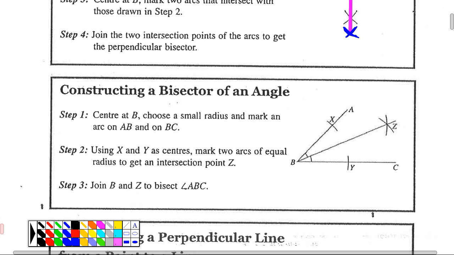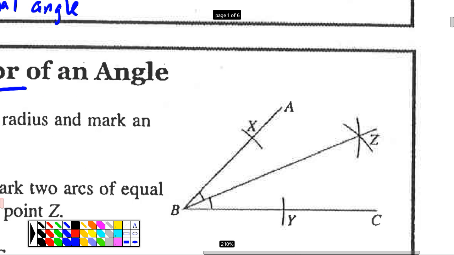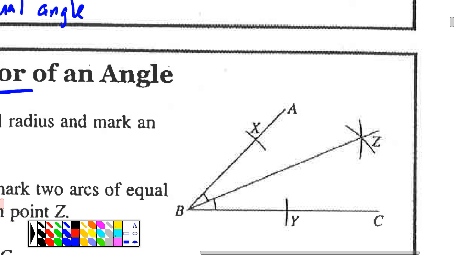Okay, now next one. Angle bisector. Can you underline the word bisector? Tell me what it means. Two equal angles. Very good. Then I look at this. This one means where are the two equal angles?